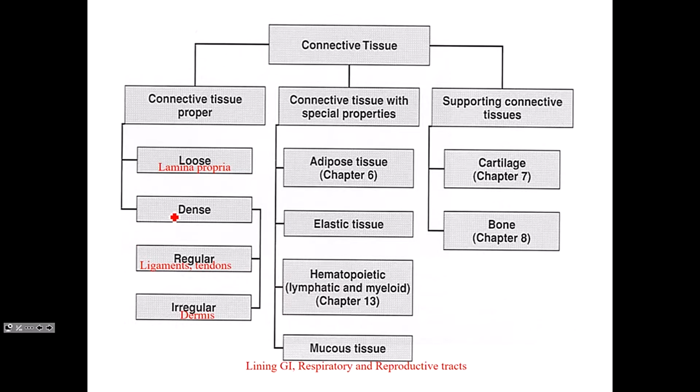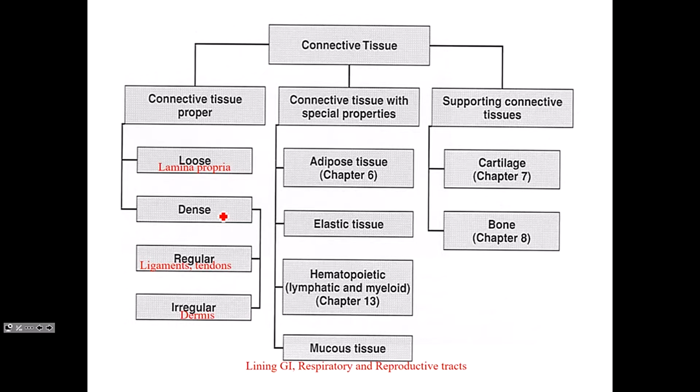And dense connective tissue can be either regular or irregular. So dense regular connective tissue, examples are ligaments and tendons. We'll look at those more as we go along. Or irregular dense connective tissue such as dermis. Okay? So when we talk about dense, we're talking about the compaction of the cells and the extracellular material.